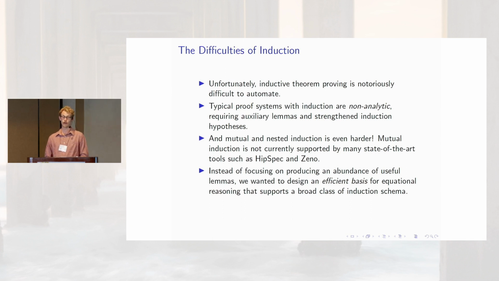So currently, many tools just don't support mutual induction at all. And as mutually inductively defined structures are quite common in functional programming, we really wanted a tool that could handle them seamlessly. So we focused on designing an efficient basis that would support this kind of reasoning without worrying about lemma discovery and the other issues in this domain.